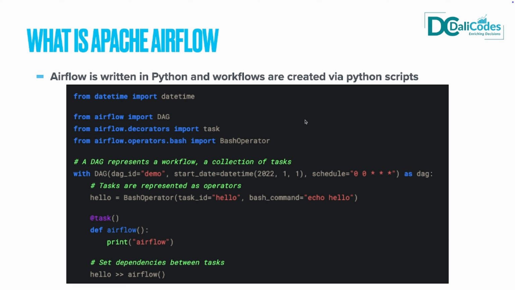So here we have an example of the creation of a DAG, and here it's created in a context manager. And we have a decorator for a task, creating a task here called Airflow. And the dependency is defined here where the task called hello has to complete before the task called Airflow completes.